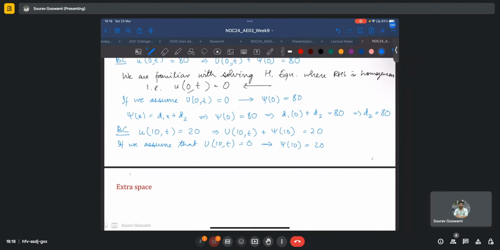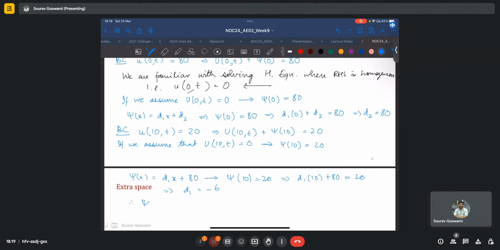And if φ of x is d1x plus 80, and if φ at 10 is 20, this will imply that d1 times 10 plus 80 is 20, or 10 d1 equals minus 60, so d1 is minus 6.